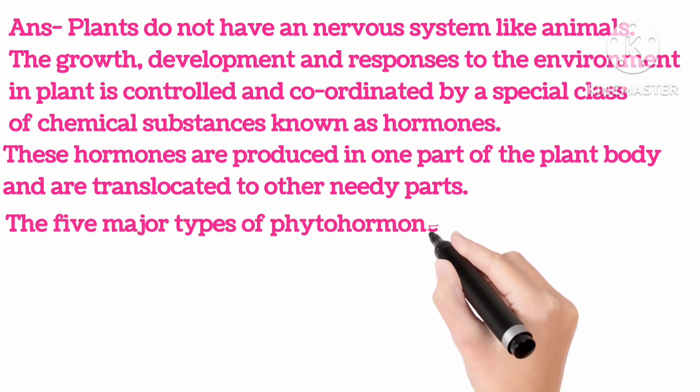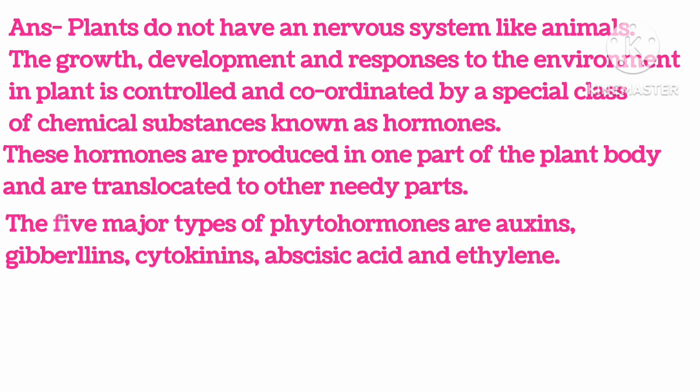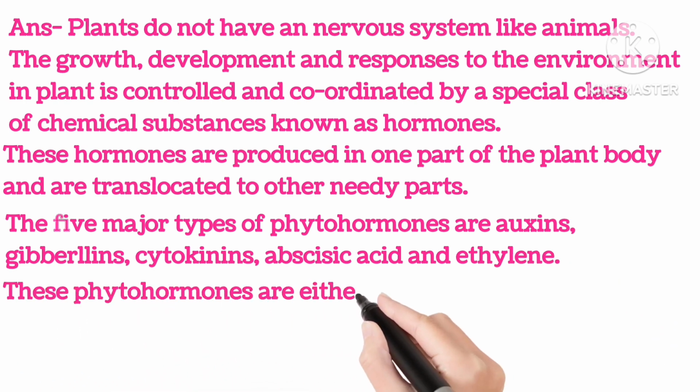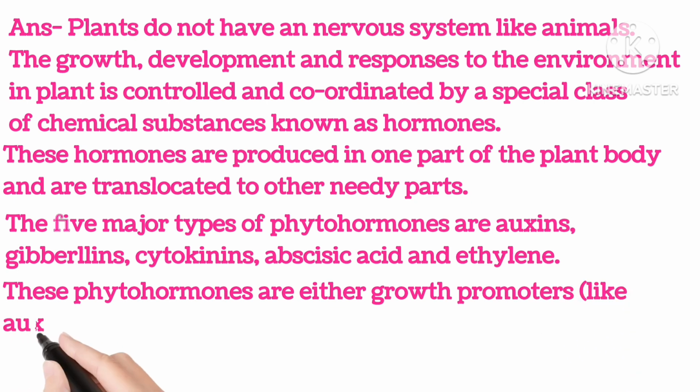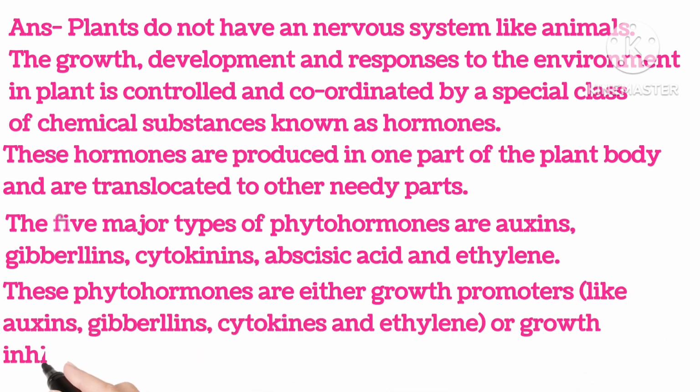The five major types of phytohormones are auxin, gibberellin, cytokinin, abscisic acid and ethylene. These phytohormones are either growth promoters like auxin, gibberellins, cytokinins and ethylene, or growth inhibitors like abscisic acid.